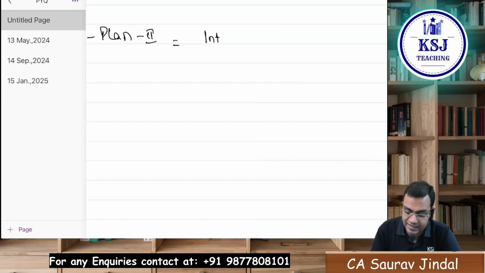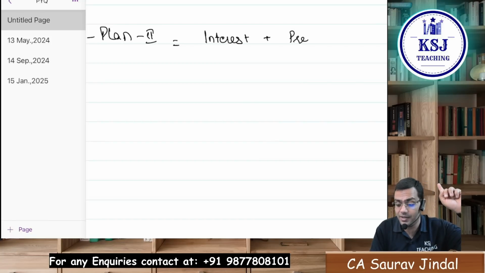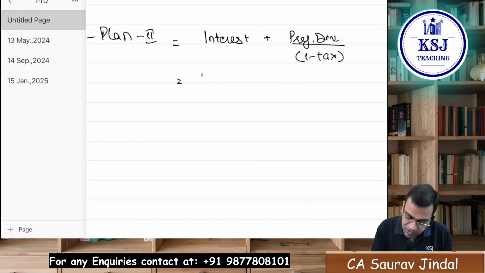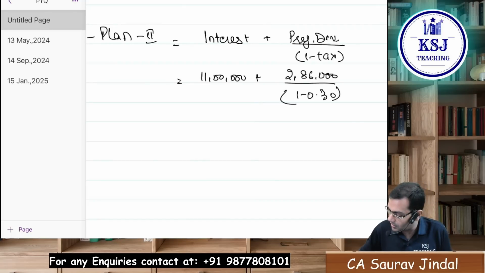One will be interest. The second component will be preference dividend divided by 1 minus tax. So interest here is 11 lakh rupees plus preference dividend of 2,86,000 divided by 1 minus 0.30. So this we will have to see.